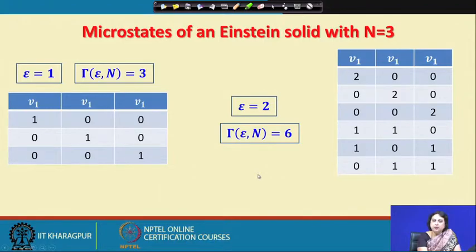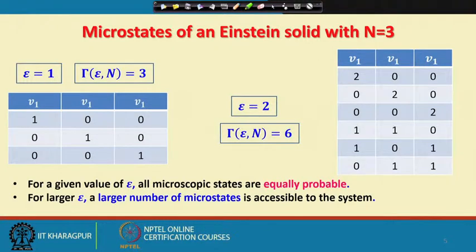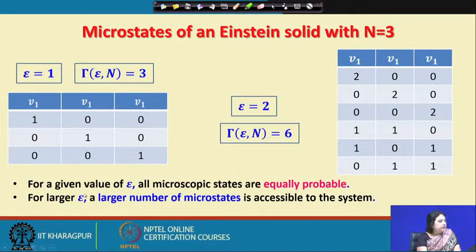Now, what do I conclude from these data? The conclusions we have already done, and we have already learned the basic principle. So, the first conclusion is, if a given value of epsilon is specified, then all the microscopic states are equally probable. What it means is, if I look at this particular case, I see that for epsilon equal to 1, I have 3 possible microscopic states.